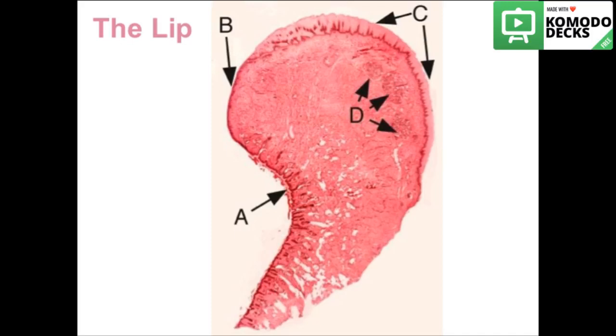Moving to the transitional vermilion zone, which is also keratinized epithelium that is thin, less thick. And thirdly is the thick, non-keratinized mucous membrane, which is demarcated by the labial glands.